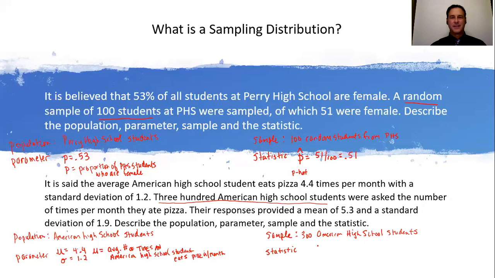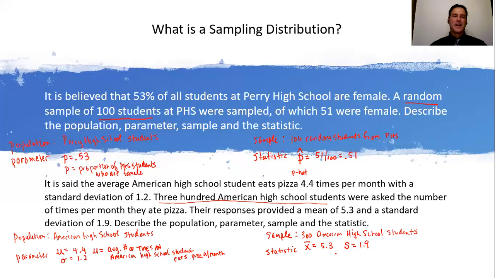Okay, and my statistic is basically the mean and the standard deviation I have from my sample. Now, of course, like before, I'm going to symbolize this a little bit different. And instead of saying mean as mu, I'm going to say x bar instead. X bar is 5.3. And my standard deviation of S is 1.9.